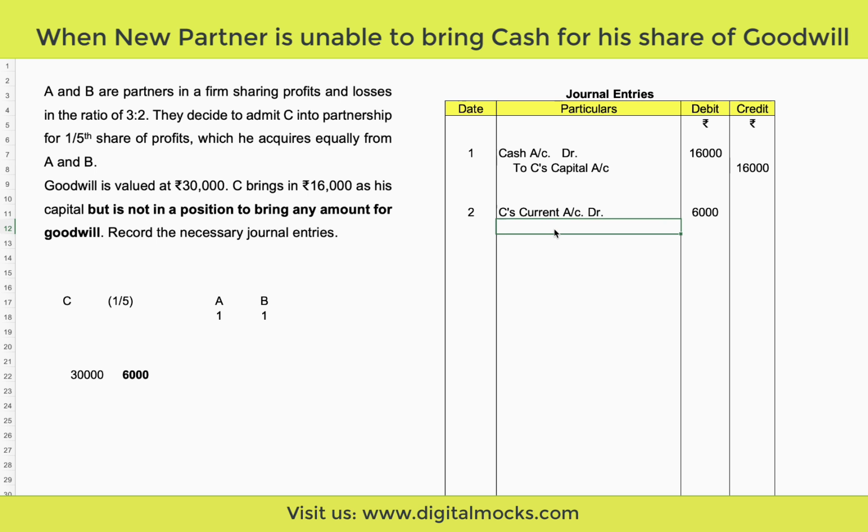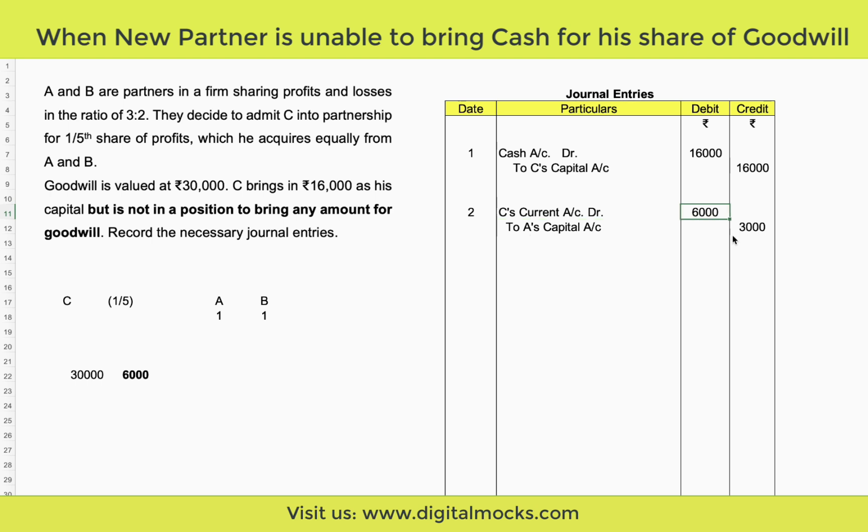So this shows that C is now kind of a trade receivable for the firm. So we debited C's current account, and we will credit the sacrificing partners, because C got this 1/5 share from A and B in equal proportion. So we will credit this 6,000 to A and B in equal proportion. So to A's capital account, 3,000, because A and B both sacrificed for C in equal proportion.